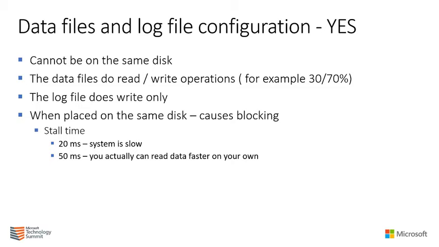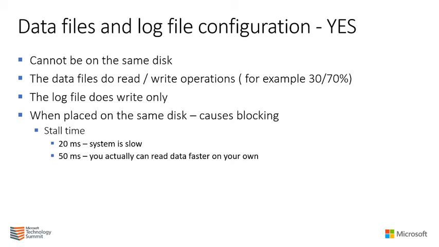Why not? But the problem is that if you put them on the same disk, then you will have serious performance problems, because data files typically have a ratio of read to write operations of about 3 read operations to 7 write operations. Of course, the numbers can be different, but this is the most typical workload.